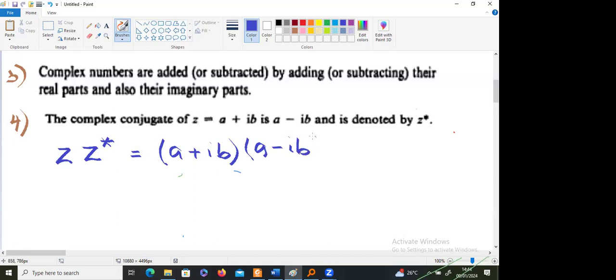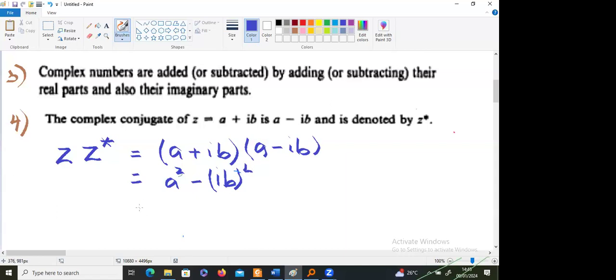And this will mean that it is sort of a difference of two squares because you have already been there. So what are you getting? You get A squared minus the IB squared.